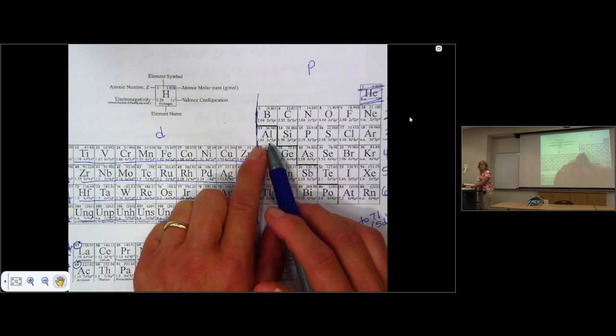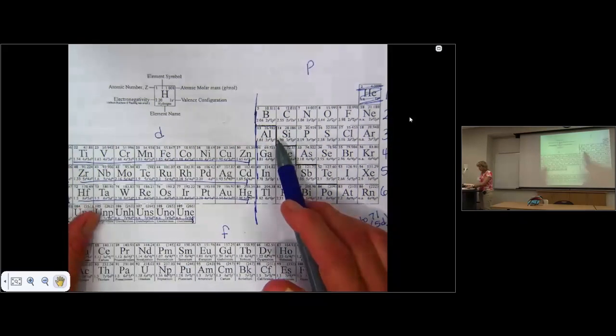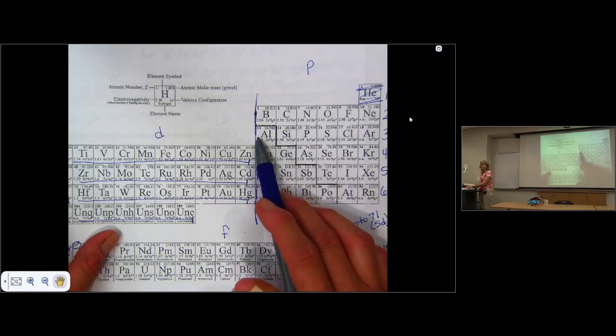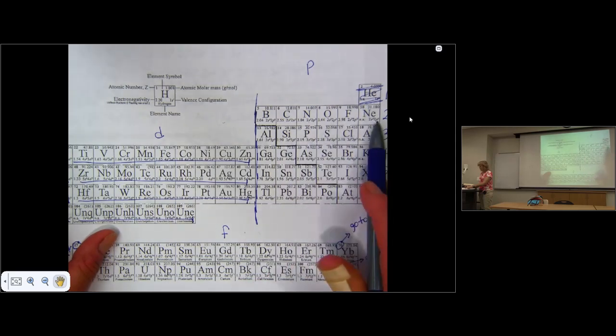Neon. Good job. Because what does aluminum ion have a charge of? +3, meaning it has done what? Lost 3. And if it loses 3, it started with 13. If it loses 3, it now has how many? 10. Who has 10? Neon. Okay? So aluminum will look like neon.